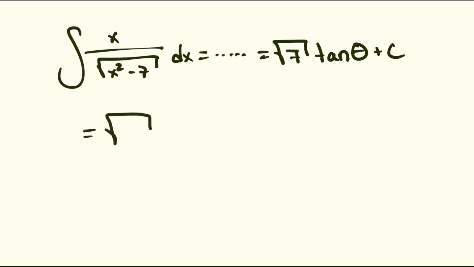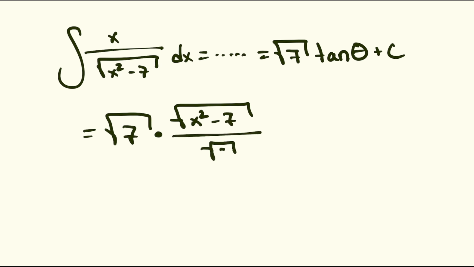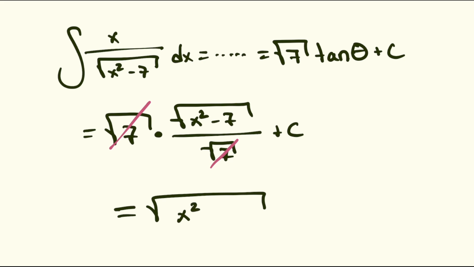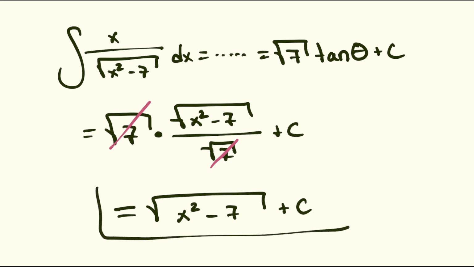And we know that we can replace that tangent of theta with a fraction, square root of x squared minus 7 over square root of 7, plus c. And we can now cancel those square root of 7s. And that leaves us with the square root of x squared minus 7 plus c. So there is our solution to our nice trig substitution.